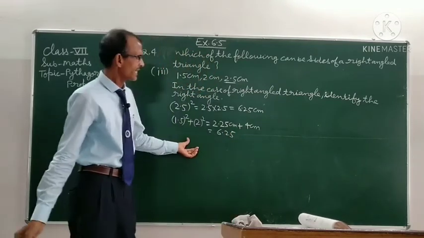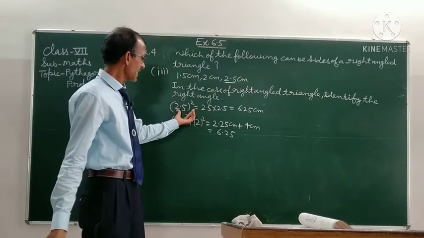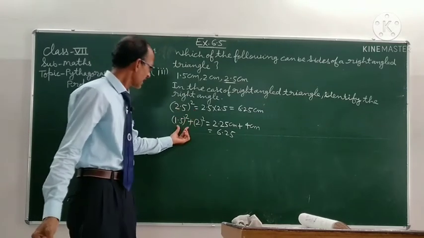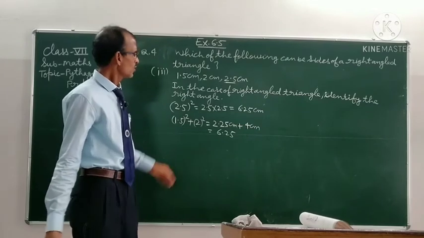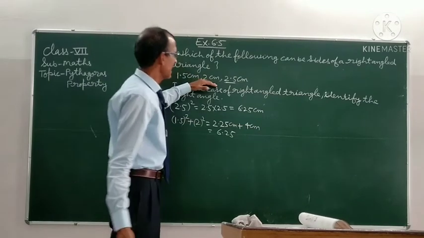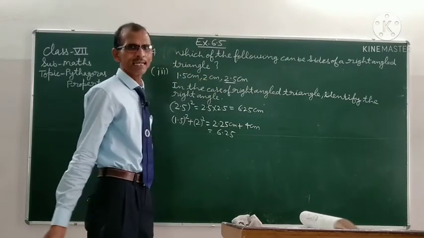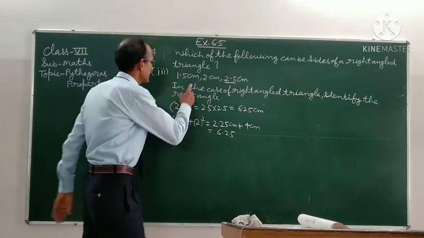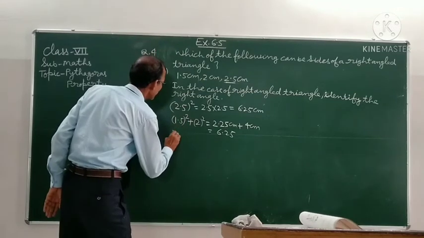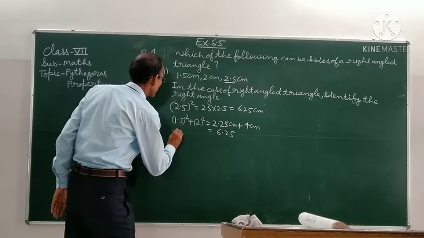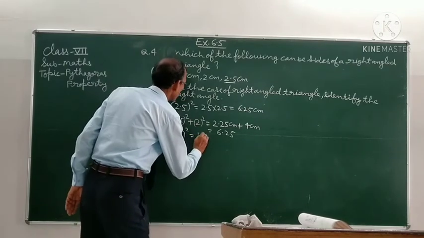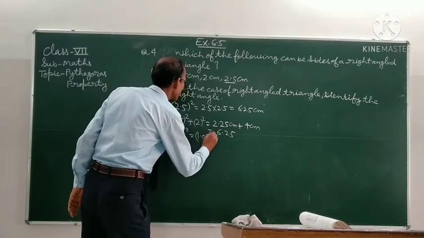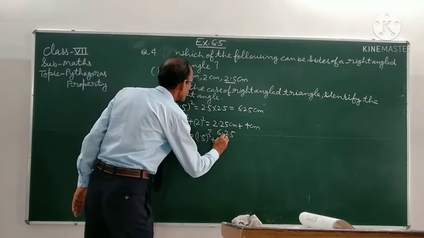We find that square of the longest side equals the sum of square of remaining two sides. So the given sides can be the sides of a right angle triangle. Square of 2.5 is equal to 1.5 square plus square of 2.